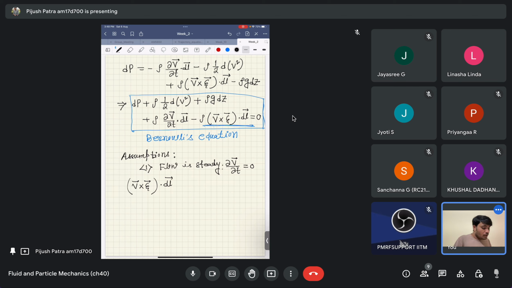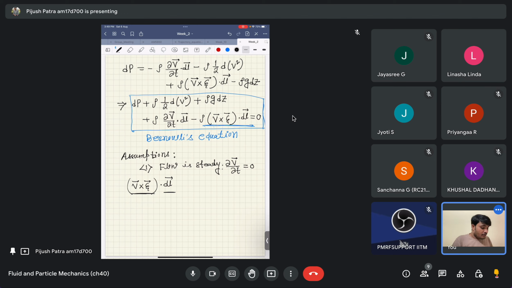So what are the situations when this term will be 0? This term will be 0 when the dot product of the two vectors is 0, that is, when they are perpendicular to each other, cos 90.